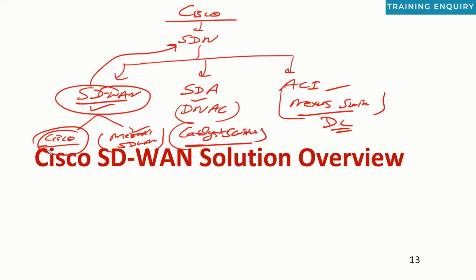Now it is Catalyst SD-WAN, that's the latest terminology, right? Any differences between Cisco SD-WAN and Meraki SD-WAN, even if there are, I will not discuss them here, because we are covering Cisco SD-WAN.